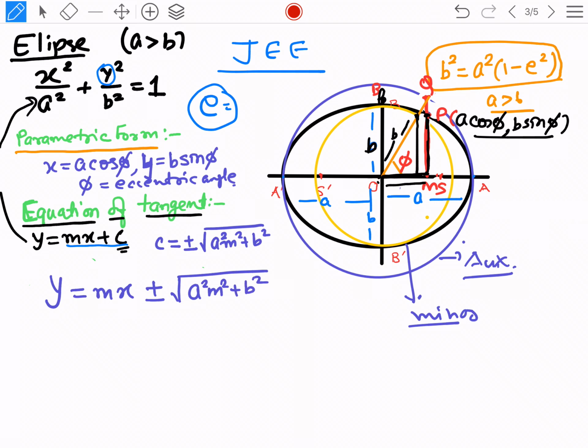This is always the equation of tangent at an ellipse at any point.